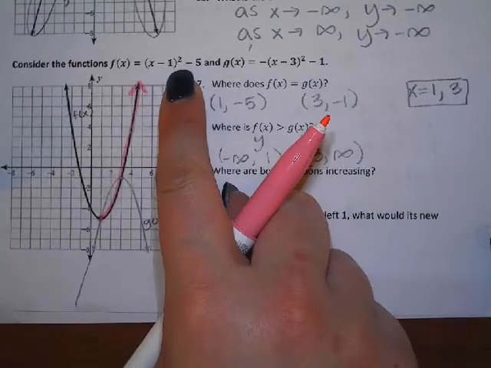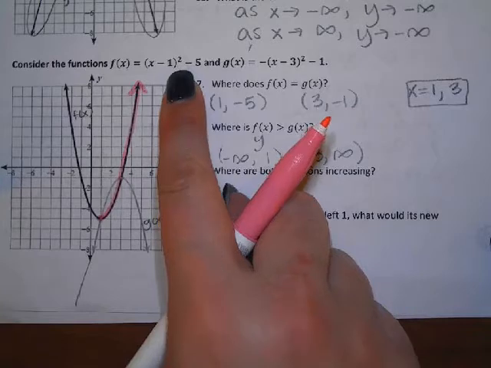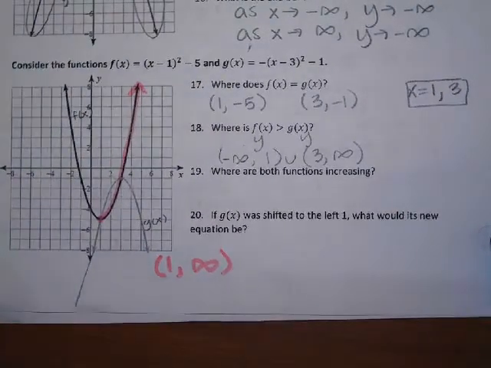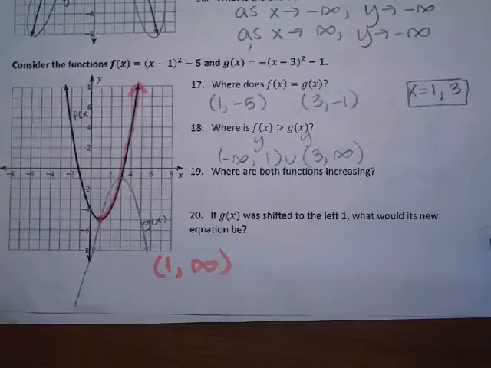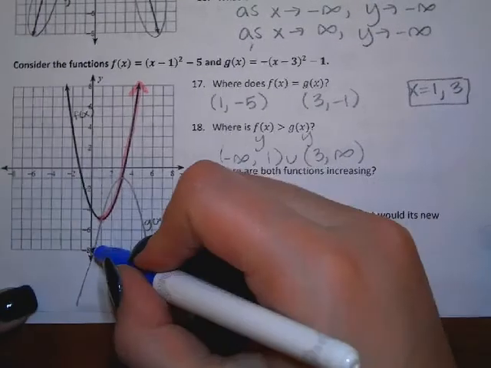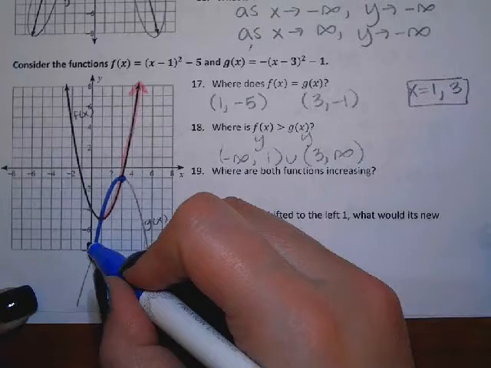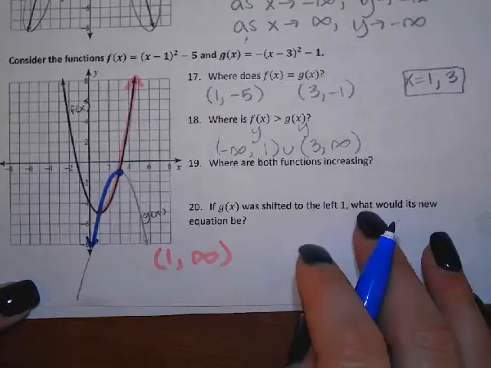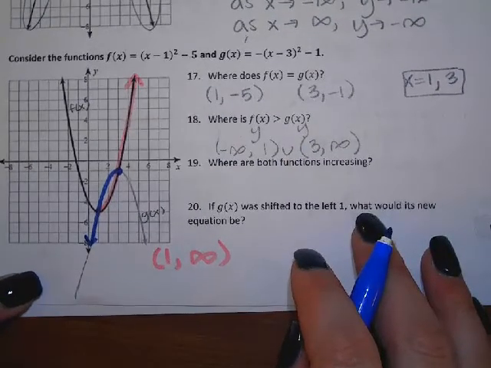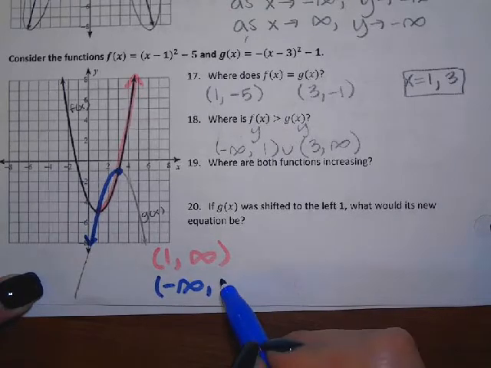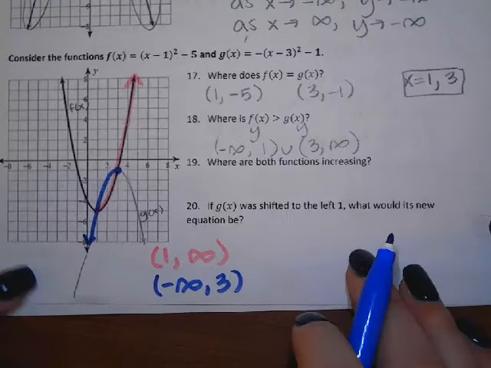What should I write for the increasing interval? Okay, 1 to infinity. So that one increases from 1 to infinity. All right, the other one increases right here. So what should I write for that one? Negative infinity to 3. Okay.